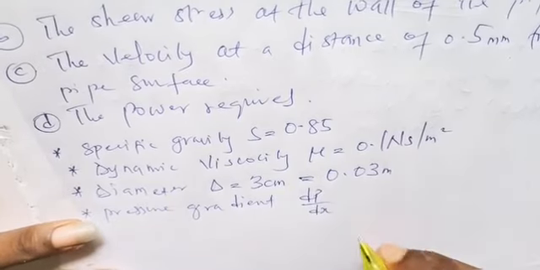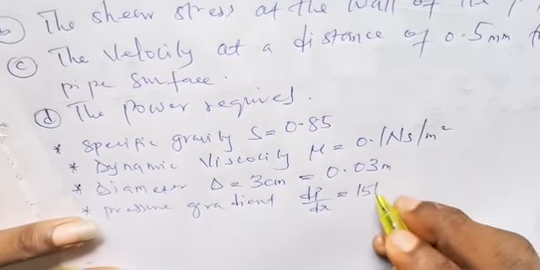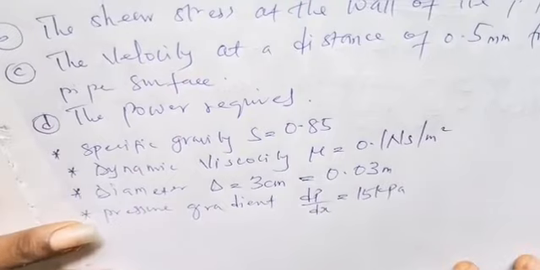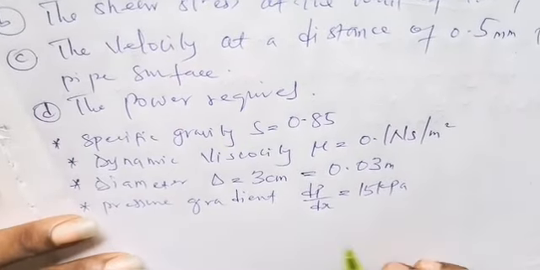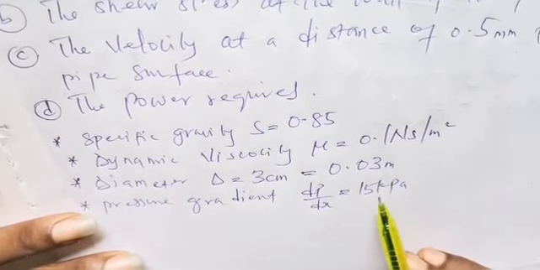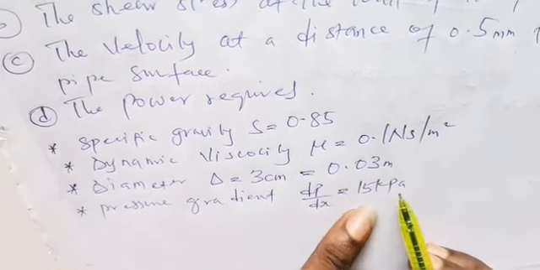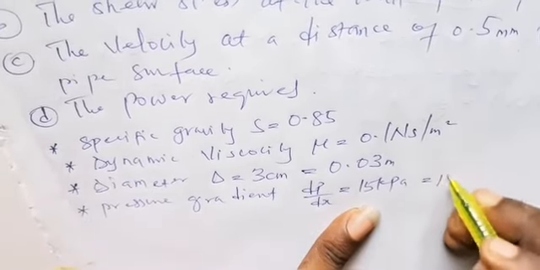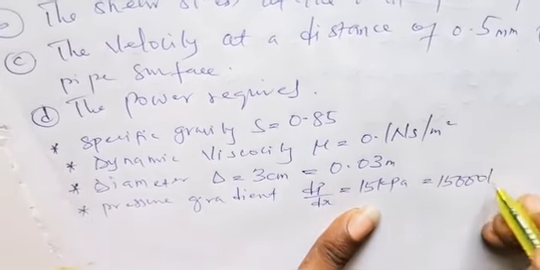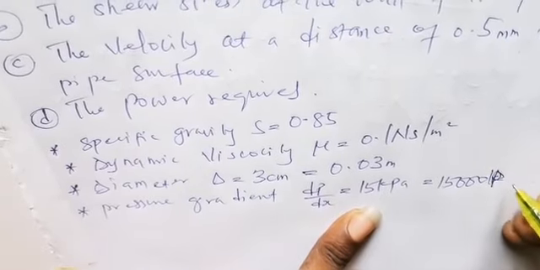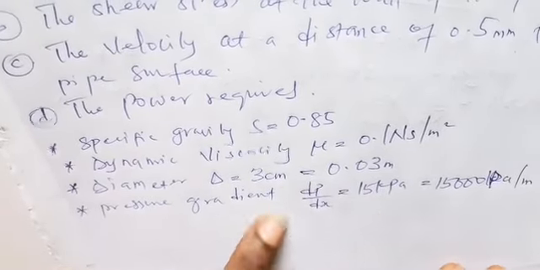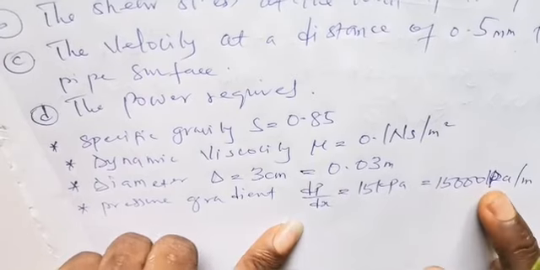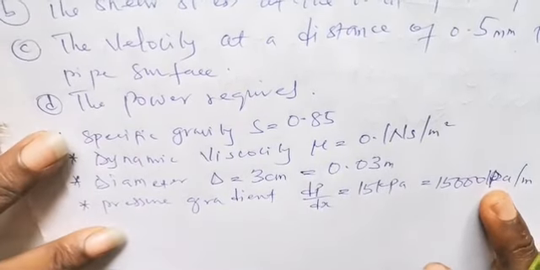It is given as 15 kilopascal. We convert this to pascal per meter by multiplying by 1000, since kilo is 1000, so this becomes 15,000 pascal per meter.